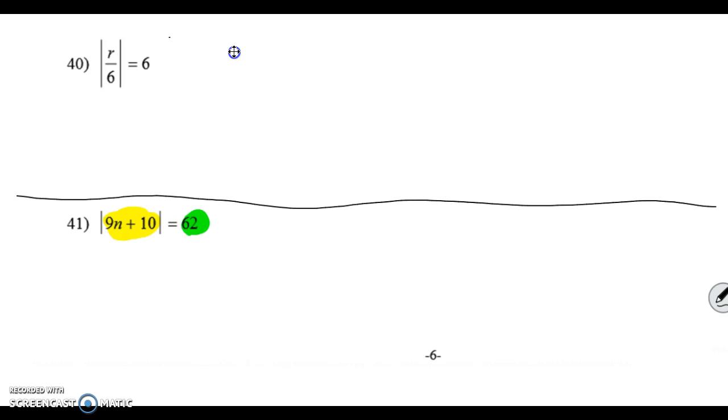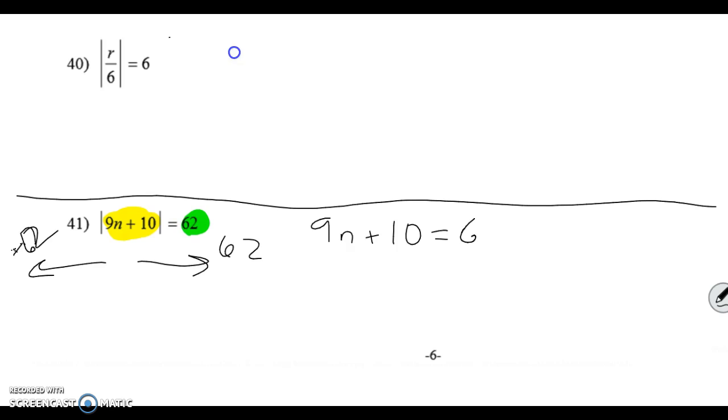Well, there's two locations, right? One to the right, one to the left. This location's easy. That's 62. This location's tricky, but I know we're all going to say negative 62. That's correct. So now we have two equations again. 9n plus 10 equals 62.